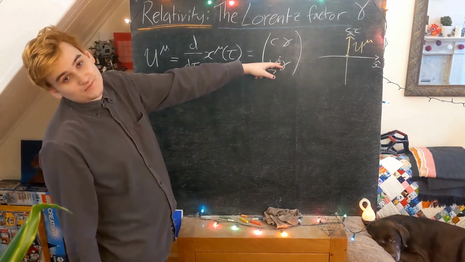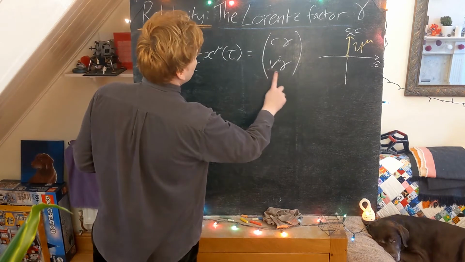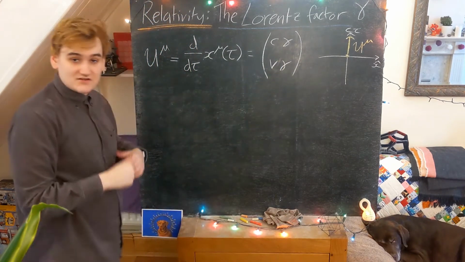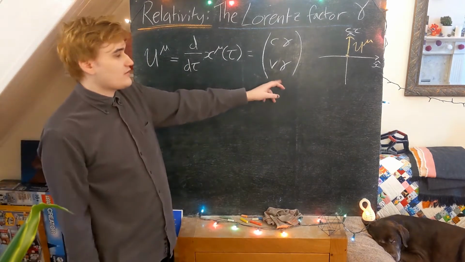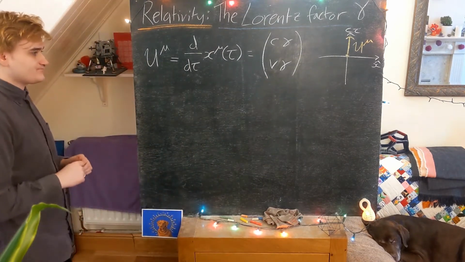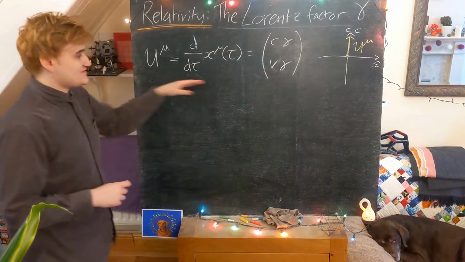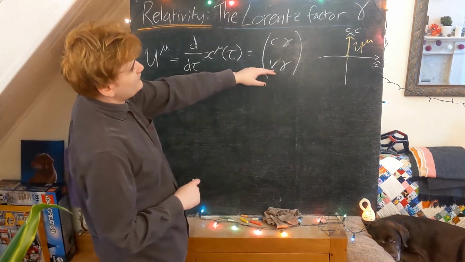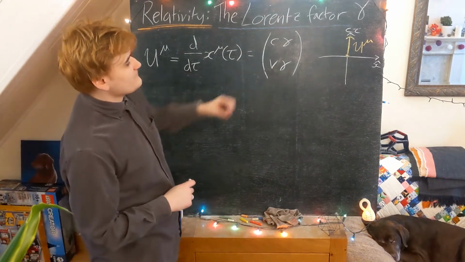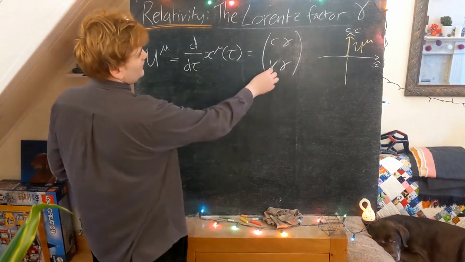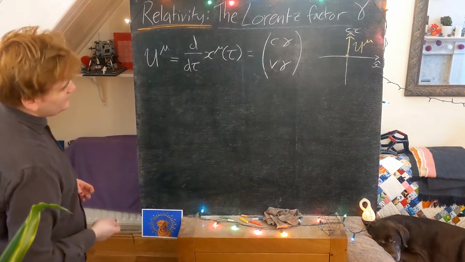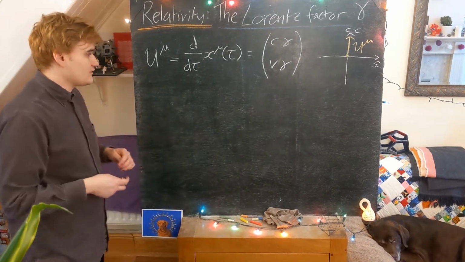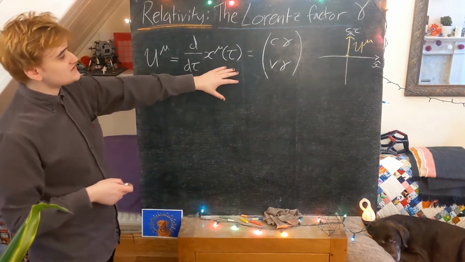Remember, it has a spatial index only, but for simplicity we don't need to worry too much about higher dimensions, and we can just stick with 1 plus 1 dimensions. So this is in general any four-velocity. We're going to have a space component where this v is giving our coordinate velocity, or the velocity at which you're measured to be moving through some reference frame. So this would be a general four-velocity.